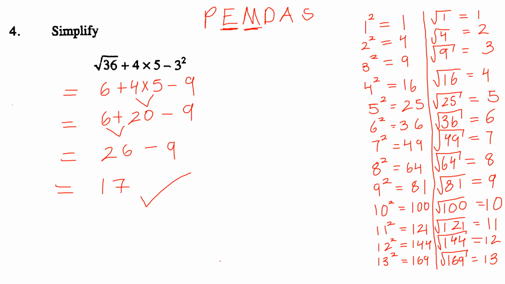All right, Shekinah, where's Shekinah? Yes, sir. Do you understand how we got 17? Yes, sir. And Joseph, do you understand how we got 17? Yeah, I understand. Okay, how about you, Rashad? Do you understand how we got 17?